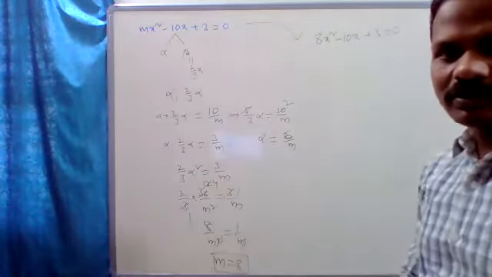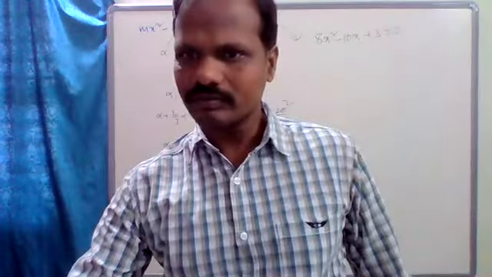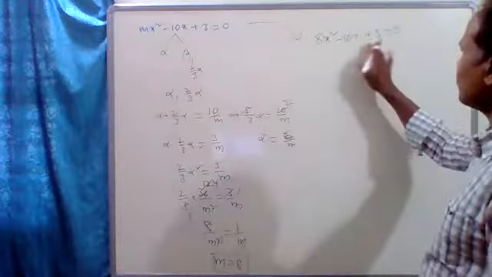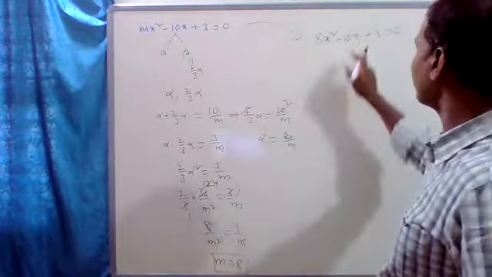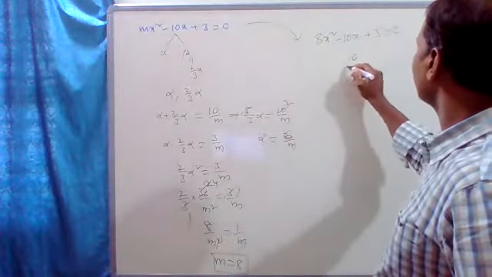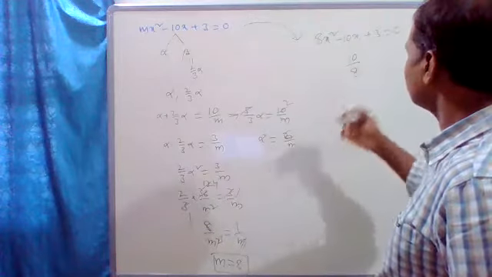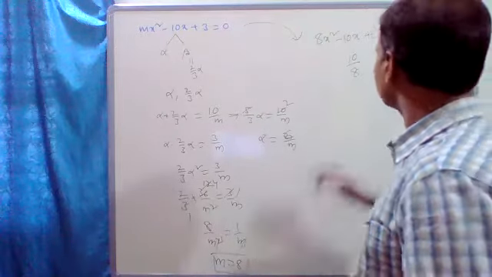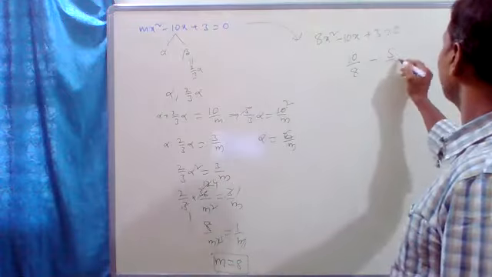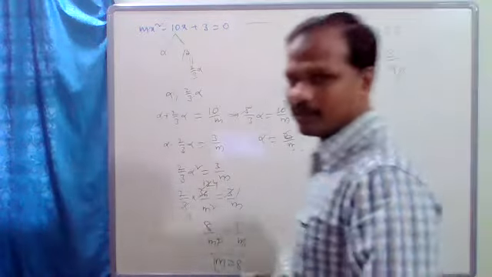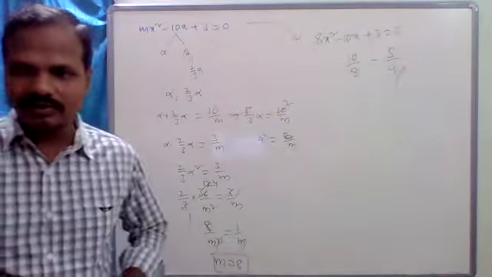Now what is the sum of the roots? Minus b by a, which is 10 by 8, so that means 5 by 4. The sum of the roots is 5 by 4.